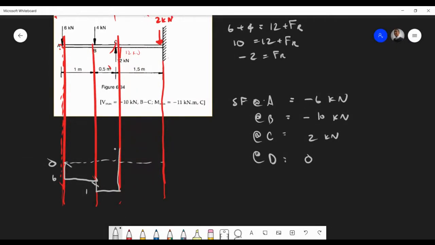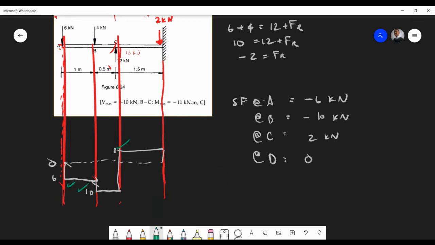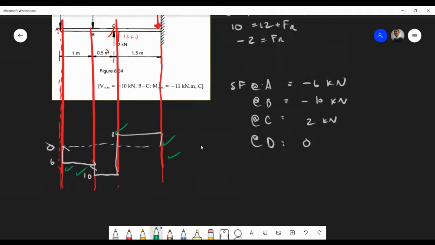Maybe 2, and then that comes down. So that is 6, and we have 10. In terms of marks here, we've got a 1, a 2, a 3, and 5 for the shape. So that's fairly easy to do.